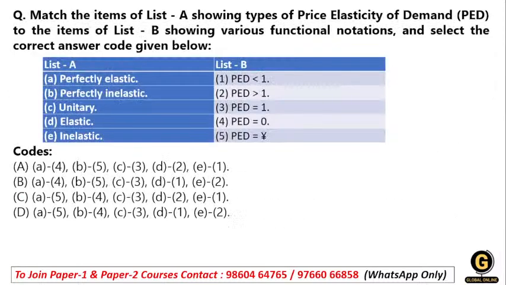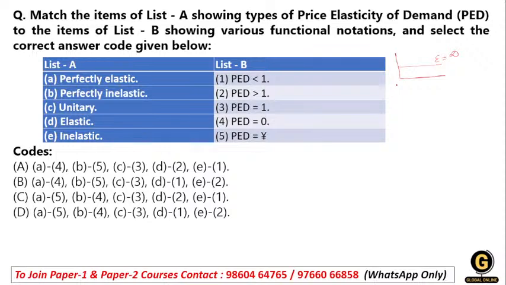Next question is match the pair. It is again from economics. Look over here, that is perfect elasticity. Where I am drawing the perfect elasticity, your price elasticity is equal to infinite.